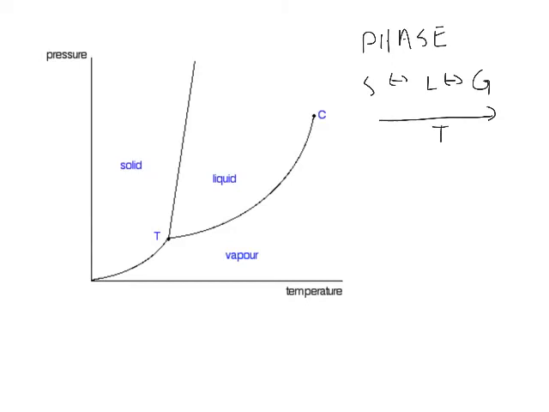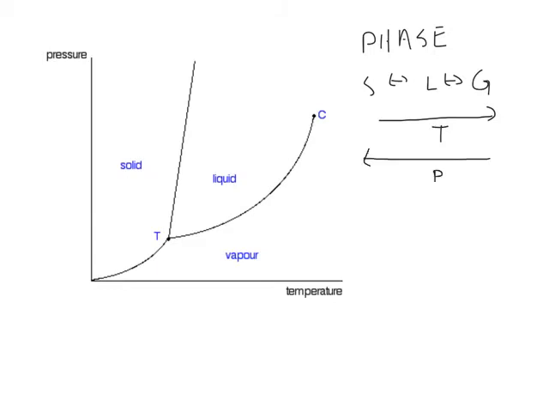But now we have another thing that's going to be involved, and that is pressure. Because the other side of the kinetic molecular theory is the distance between them. So as you increase pressure, you decrease the distance, and that tends to turn things into solids.